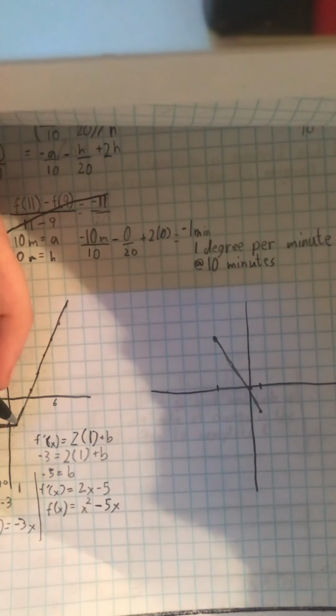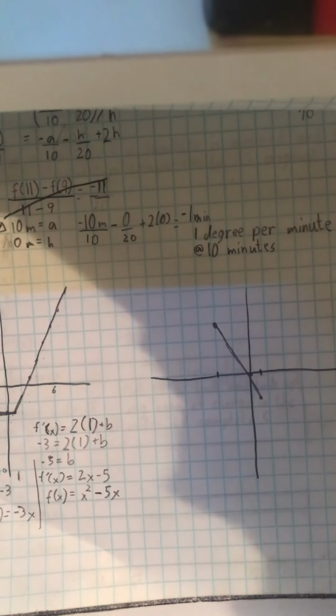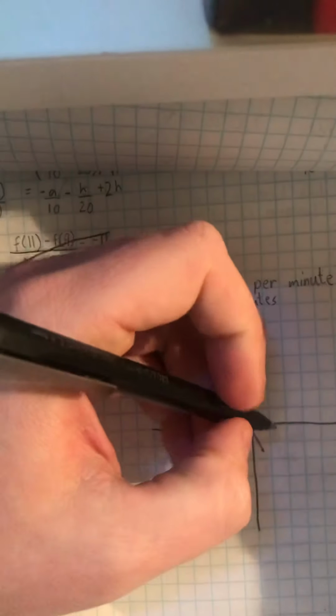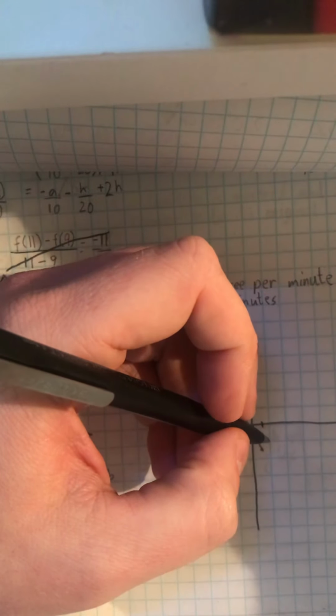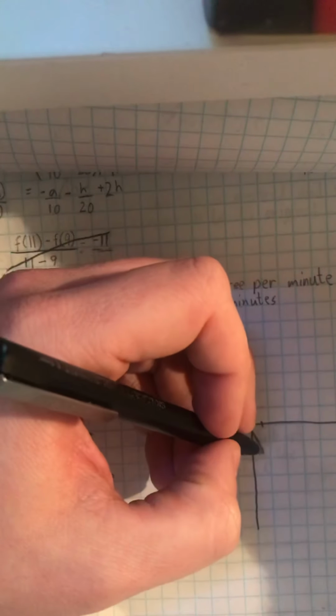Okay, and from 1 onwards, we have x squared minus 5x. Oh, no, that is not right. x squared minus 5x. Okay, we got a nice little parabola. Let's just put in some points. All right, so at 1, we start at -4.